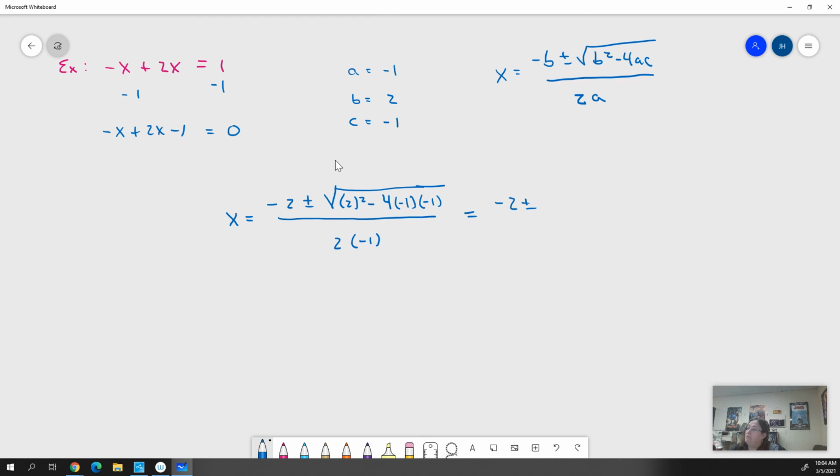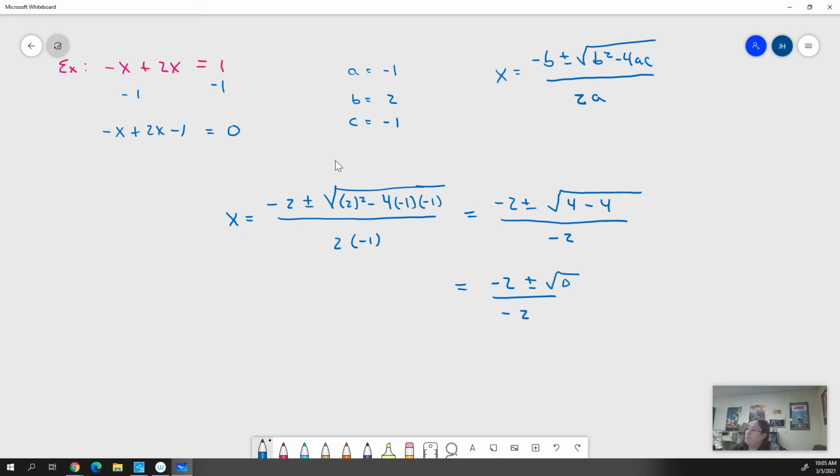And now we're just going to slowly solve this. We've got negative 2 plus or minus. We're going to start working with what's under here. 2 squared is 4. We've got negative 4 times negative 1. Negative 4 times negative 1 is positive 4, times another negative 1 is just negative 4. All over negative 2. When I simplify this, I get negative 2 plus or minus. Well, 4 minus 4 is just 0, so I have the square root of 0.